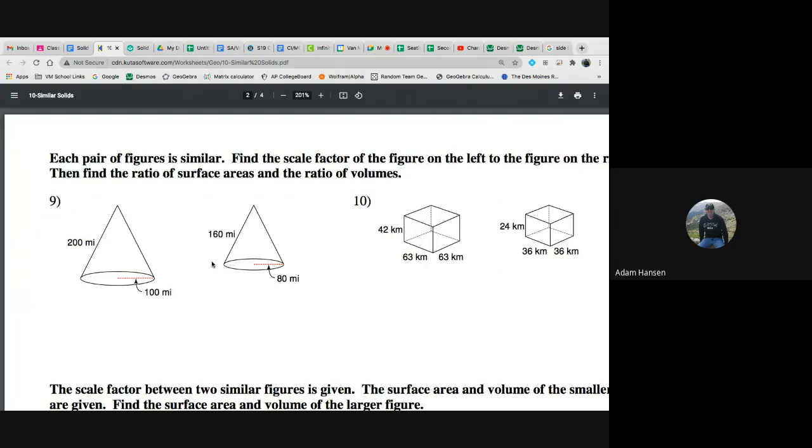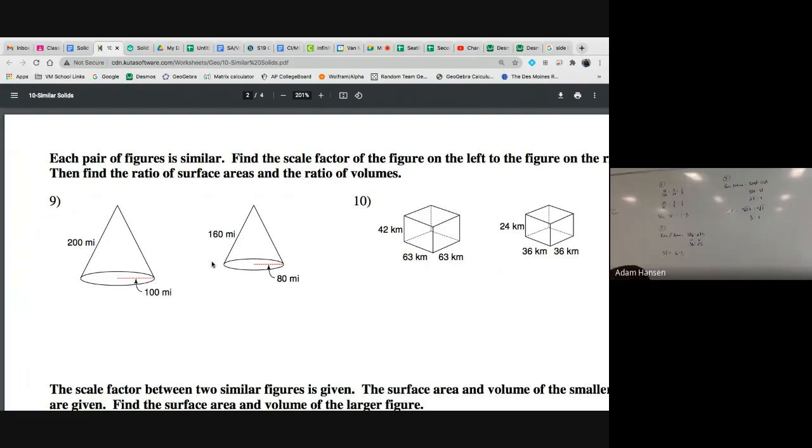How do you find the scale factor? Look at the lengths that you've been given and make ratios of them.